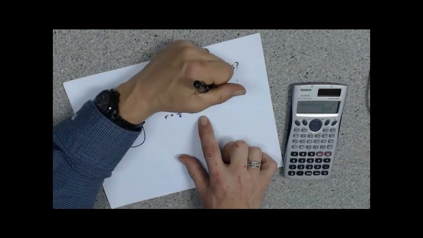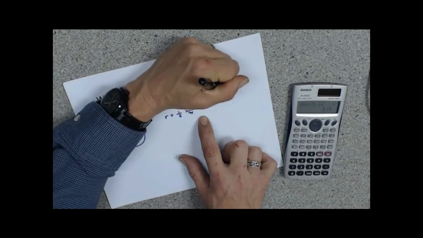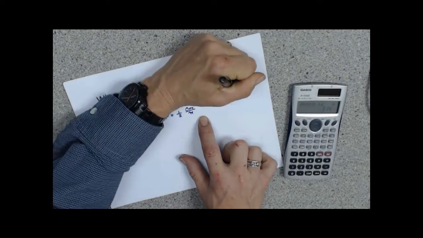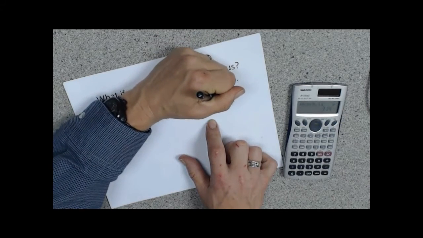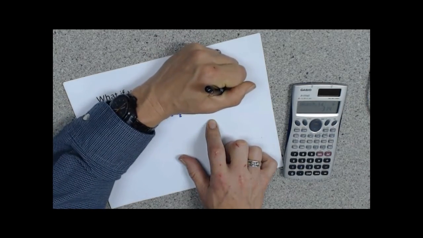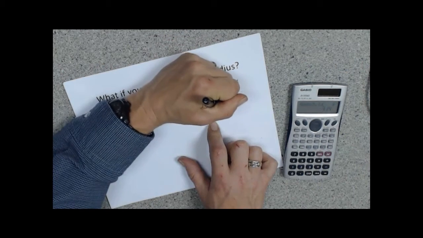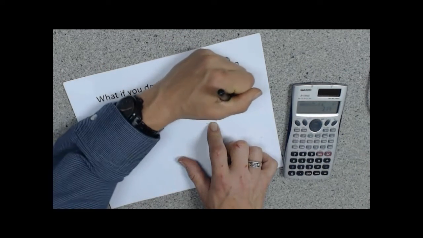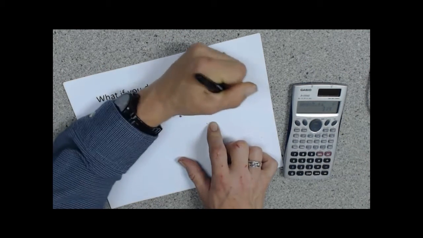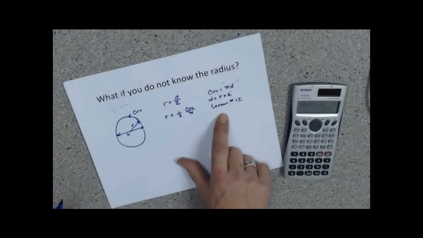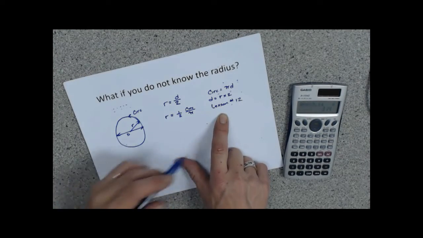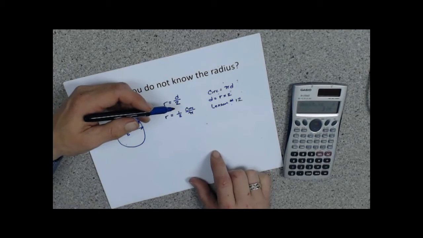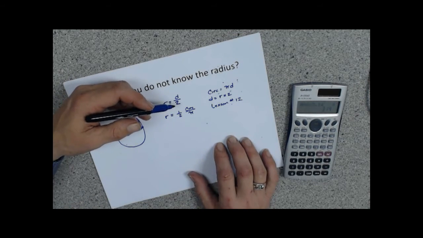And these stem from the formulas that say circumference is equal to pi times the diameter, and the diameter is equal to the radius times 2. And again, this is from lesson number 12. Okay, so if you need to review the parts of a circle, feel free to go back and have a look at lesson number 12 where that information is covered.